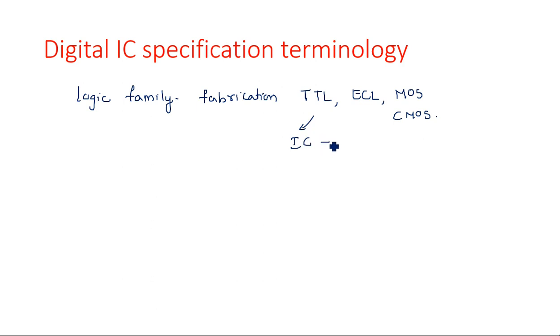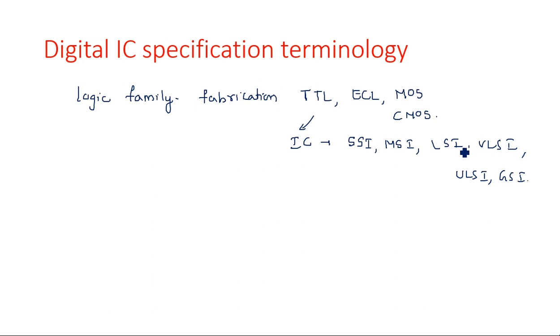That will be again classified depending upon the number of transistors we are fabricating in any of these different logic families. You can call it small scale integration or medium scale integration or large scale integration, very large scale integration, ultra large scale integration, and even giant scale integration.